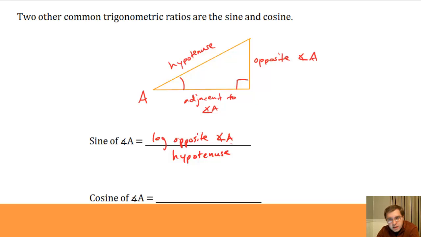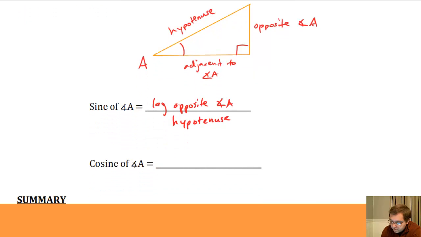Instead of dividing by the leg adjacent to it, we're going to divide by the hypotenuse. Similarly, the cosine of angle A is the leg adjacent to angle A divided by the hypotenuse. So sine is opposite over hypotenuse, cosine is adjacent over hypotenuse.